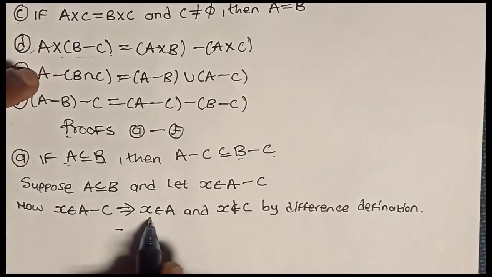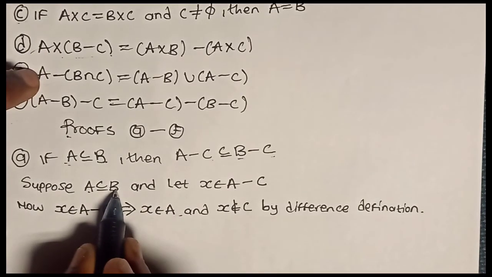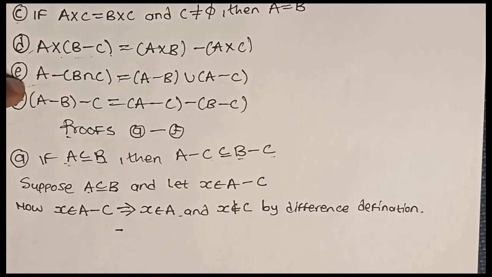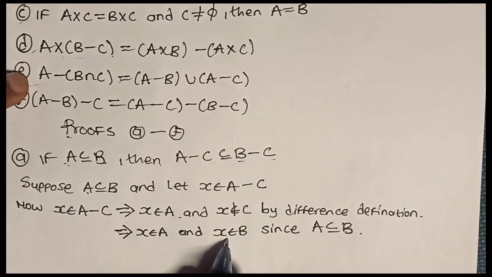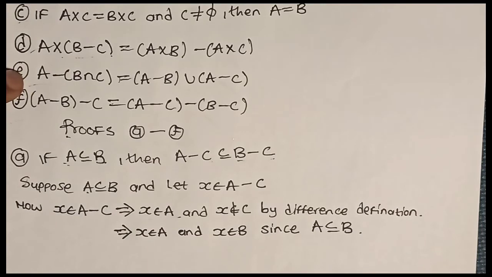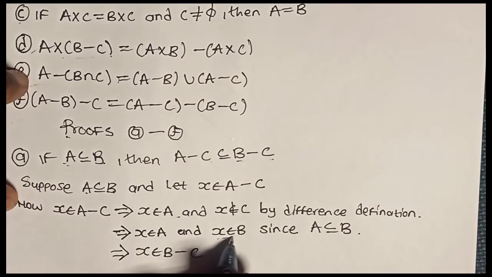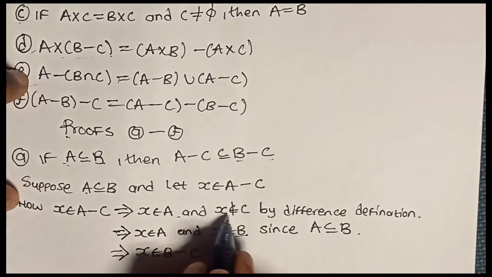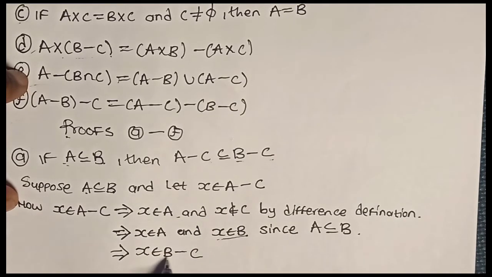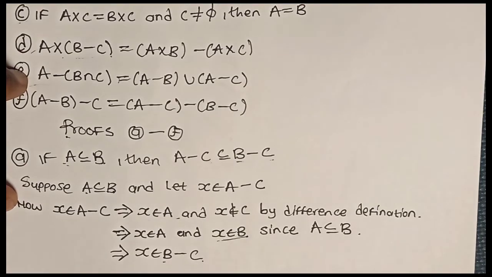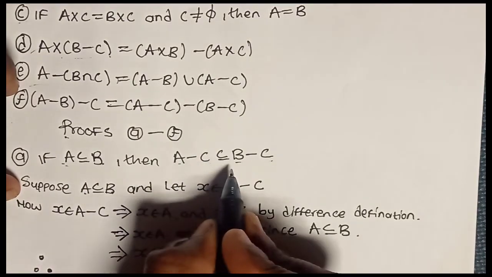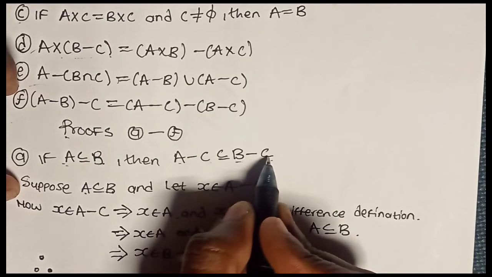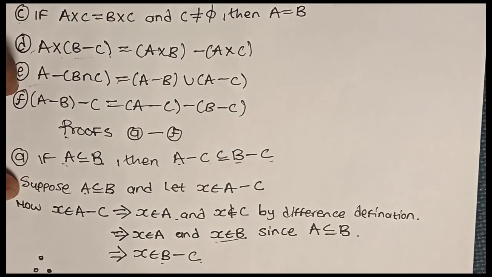So since X is in A and A is a subset of B, then X is also in B. Hence, X is in B minus C, because X is in B but still not in C. So it will be in the difference B minus C. Therefore, since X an element of A minus C will imply X an element of B minus C, we'll conclude that A minus C is a subset of B minus C, and we're done with the proof.